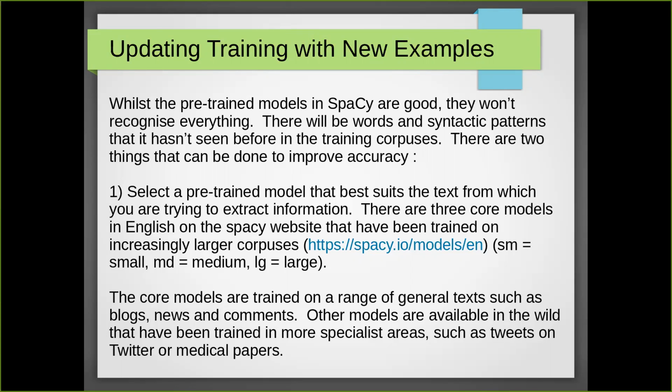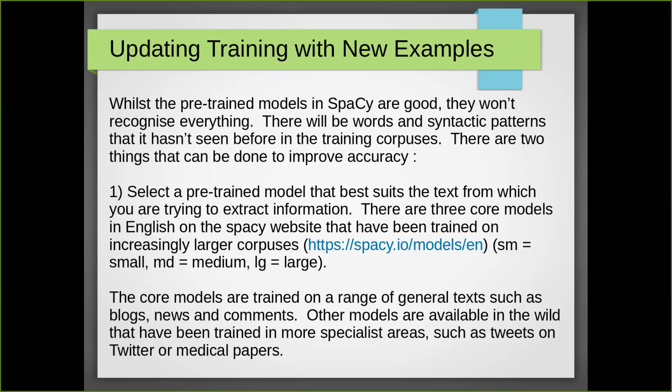The first is you can select a better pre-trained model. There are different types of pre-trained model, in fact lots that you can choose from. We're using the small English web-trained model, but there are different sizes of that one, and also ones that have been trained on things like blogs, news stories or comments on social media, for example.